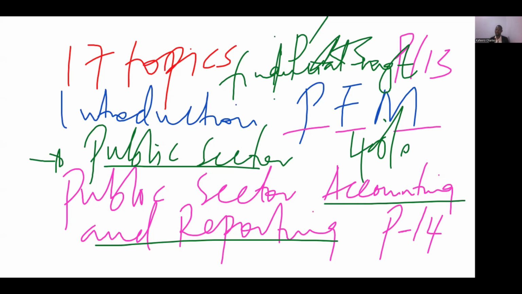It is more from the state-owned enterprises and so on. We also need to understand public sector financial management, because we left the point of public sector accounting and reporting, that was paper 14, to dive in deeper into public sector financial management.